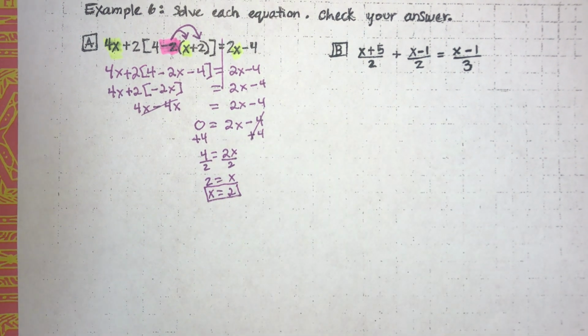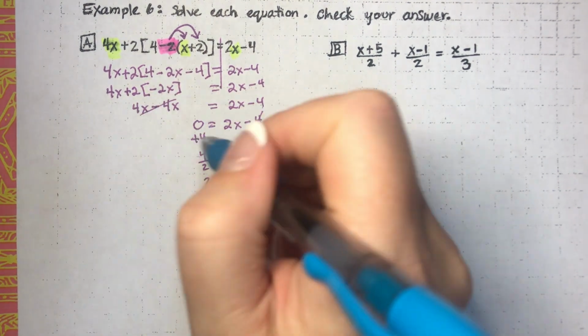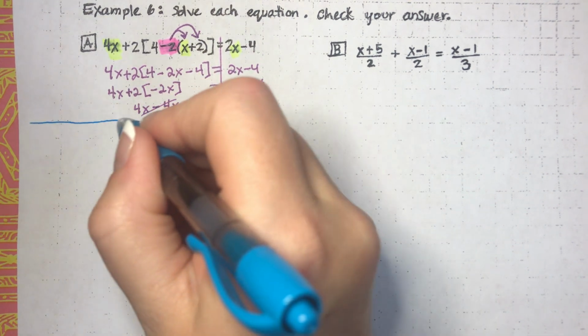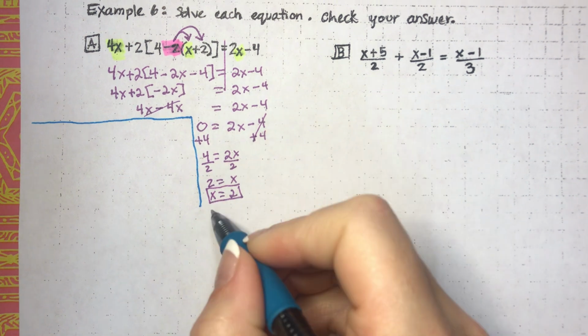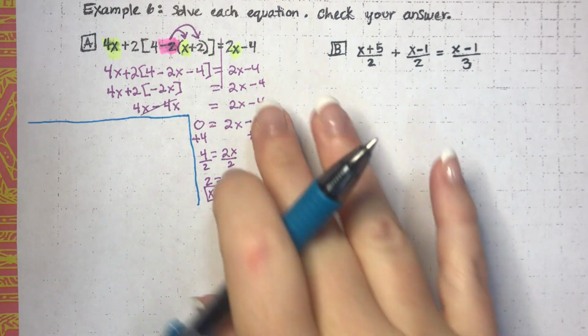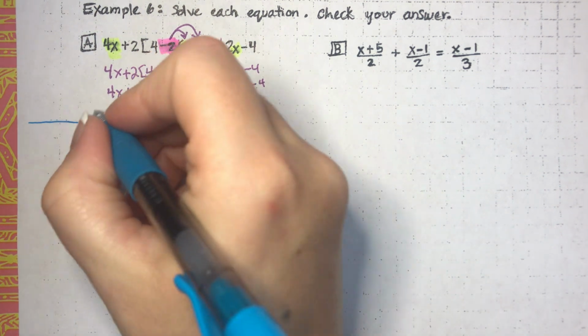Now we're going to have to do the check, which is a little tricky because we only have so much space on this paper. I think I'm going to do my check over here, which isn't necessarily ideal. I just feel like doing it below or on the right side, but that's okay. We're going to write the word check.